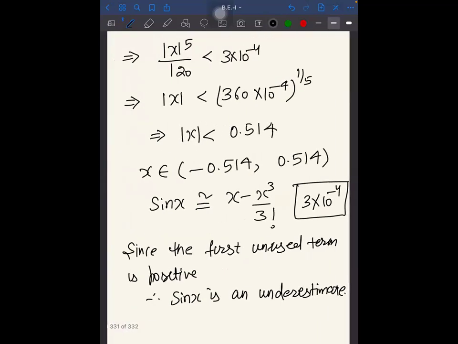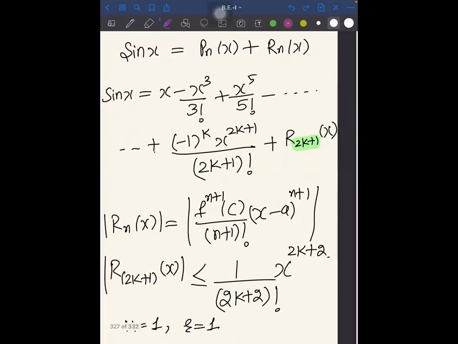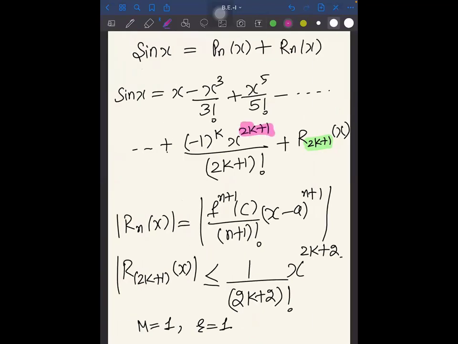Why? Because let's say you go to the previous page where I solved that. Sin x was this, right? And then I claimed that it has to be 2k plus 1 over here if I write it in a 2k plus 1 format. So that same 2k plus 1 will be there. That's what I explained in the last lecture.